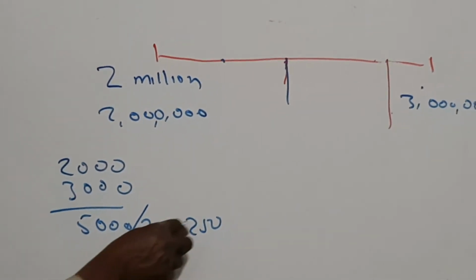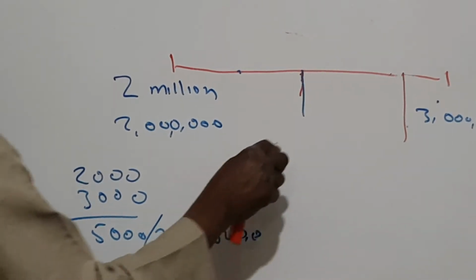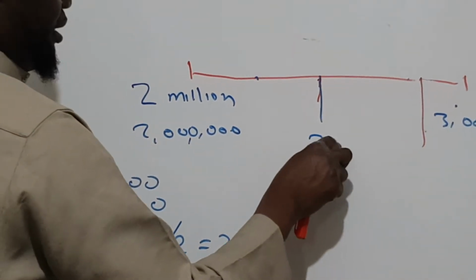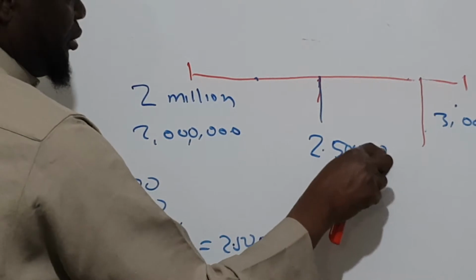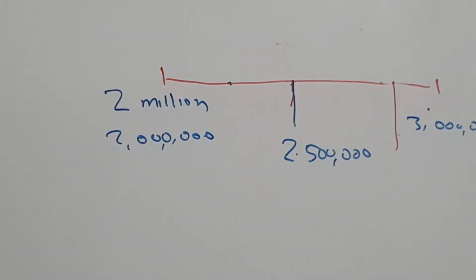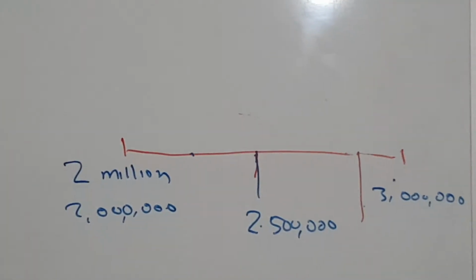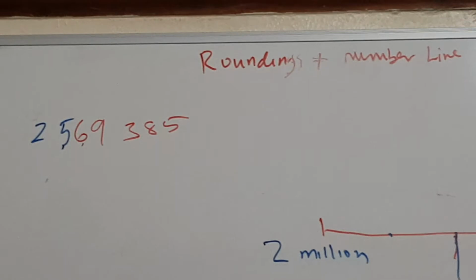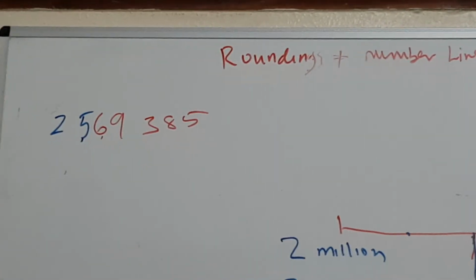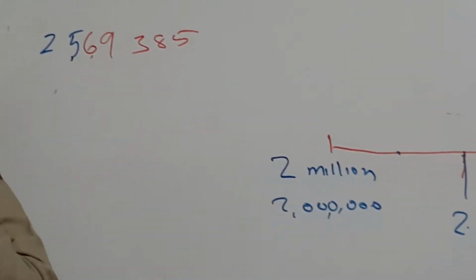So this is 2.5 million. So where does our number lie? It lies just past 2.5, yes? Just past, yeah.